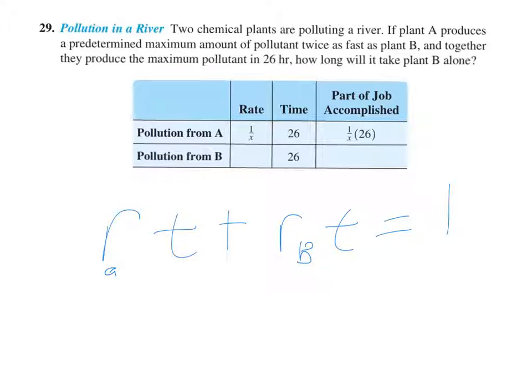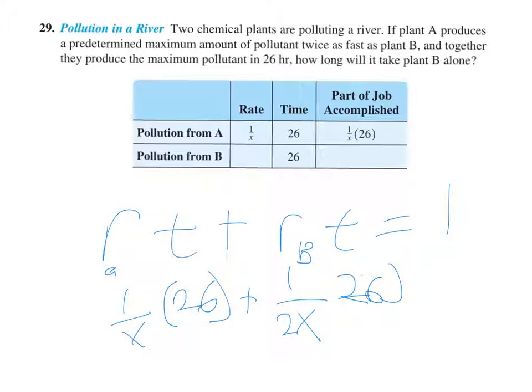So the rate of plant A will be 1 over x times 26. It says plant A produces the pollutant twice as fast as plant B. Since it's produced twice as fast with plant A, the rate for plant B would be 1 over 2x times the time, which is 26.